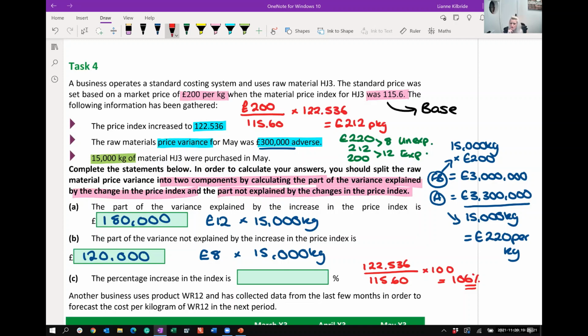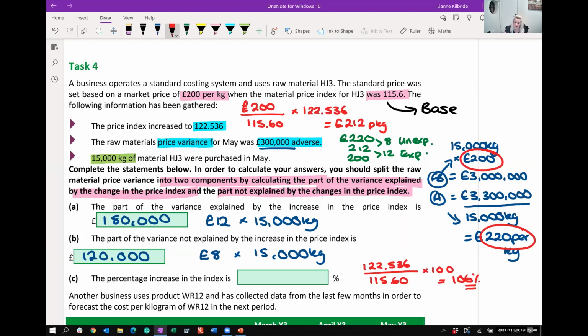So why have we done the 300 and 330, not the price index straight away? It's just so you can compare the difference between the budget cost and actual, as Natalie did, well done. So there's been a £20 price increase.